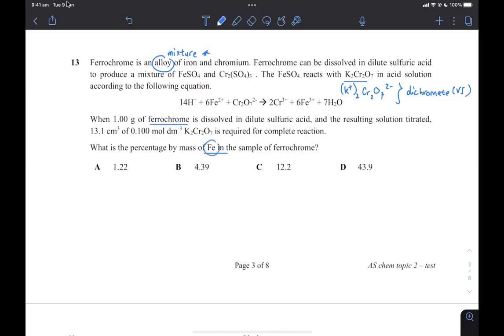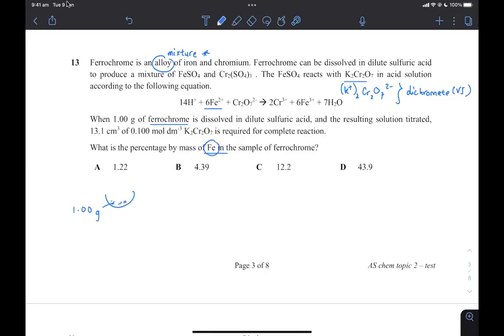Only the iron will give you the iron 2+. Only the iron 2+ will get further oxidized. The chromium does not get oxidized at all because that's what they're saying. Only the iron will react with the dichromate. Now, to do this kind of question, my favorite thing is to draw. Draw and see for yourself, okay? I have 1 gram of the solid metal.